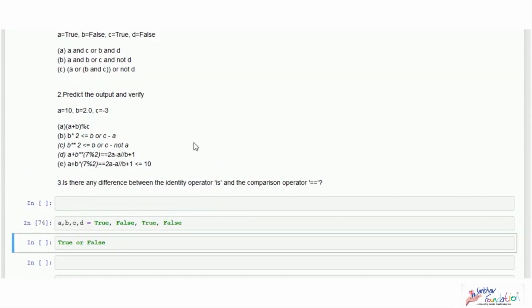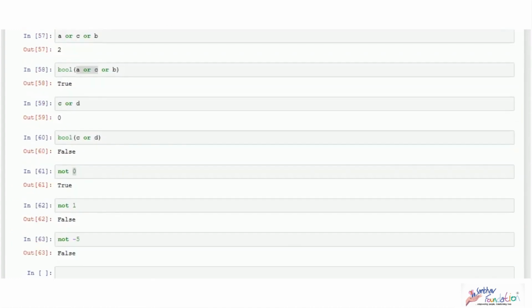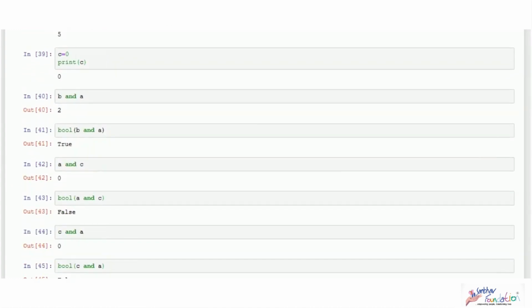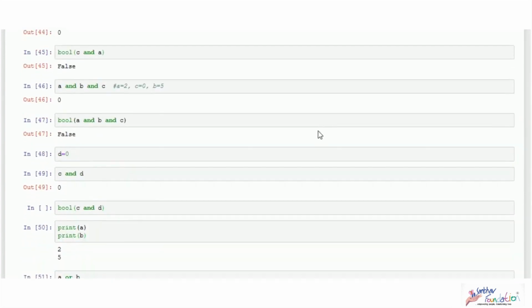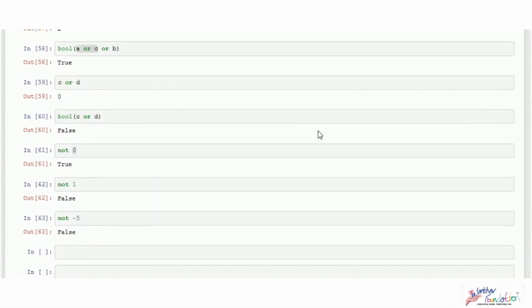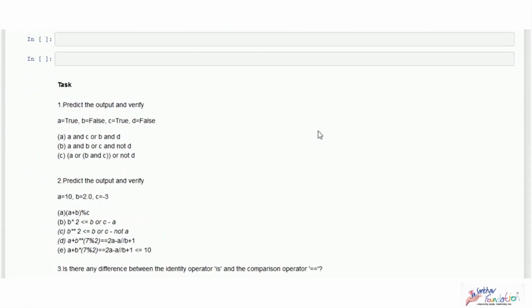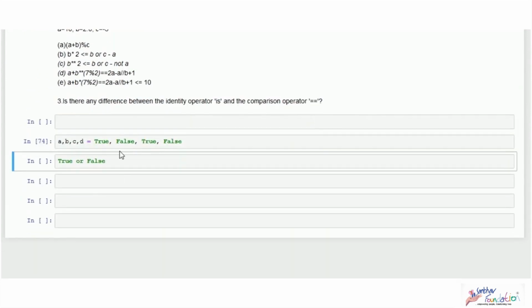If you look at the truth table, true or false, that is A or B, where true or false is true, right? As you know, in OR, even if one value is true, then the output is going to be true. So the entire result of this expression is true.